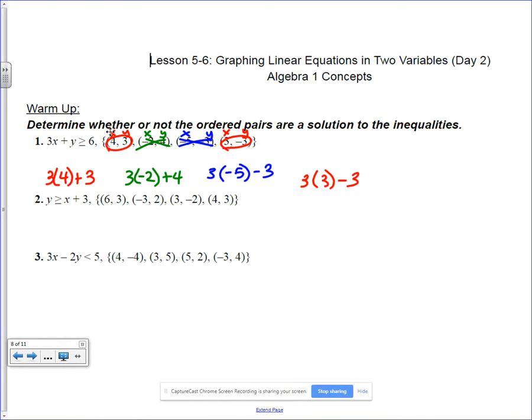So what are we plugging in for the x? We're not just going to leave it as that was. What happened to that 2 though? It says 3 times x, which you did, minus 2 times y. Did you do the y in there?